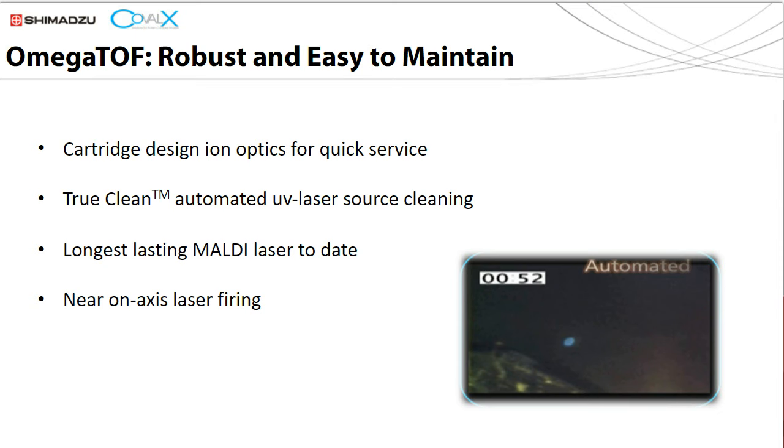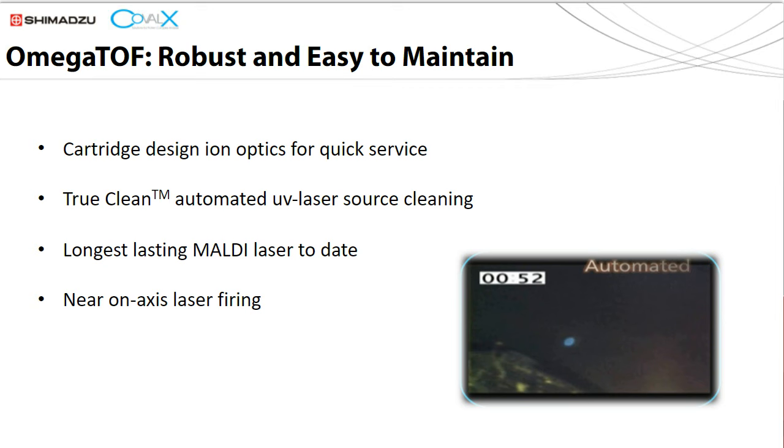Additionally, not going to get into this too much today, but it's nearly an on-axis firing, which provides a higher efficiency and sensitivity, especially for larger mass ions. So the laser's coming in nearly orthogonal to the target plate, so the ions are ejected straight off the target plate, allowing again for higher efficiency for these larger mass ions.